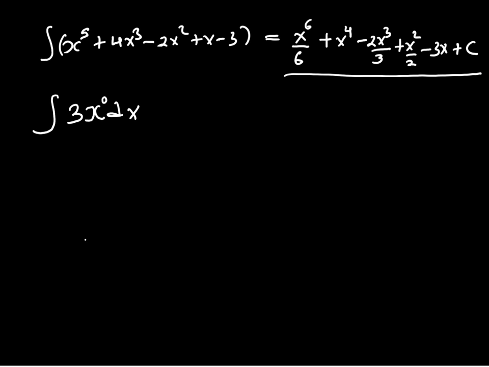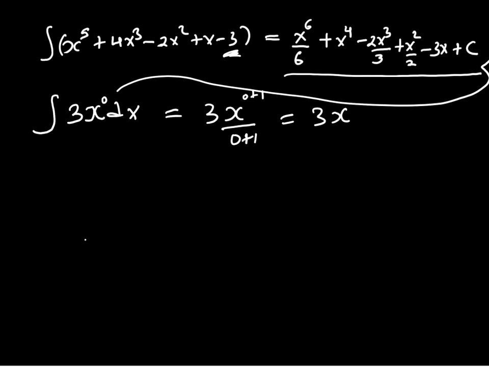But now, since the rule of integration tells us that we have to add 1 to the power and divide by the new power, this is going to be 3x^(0+1) over (0+1), and you end up with 3x, okay? That's why when I integrated the 3 here, I ended up with 3x, okay?